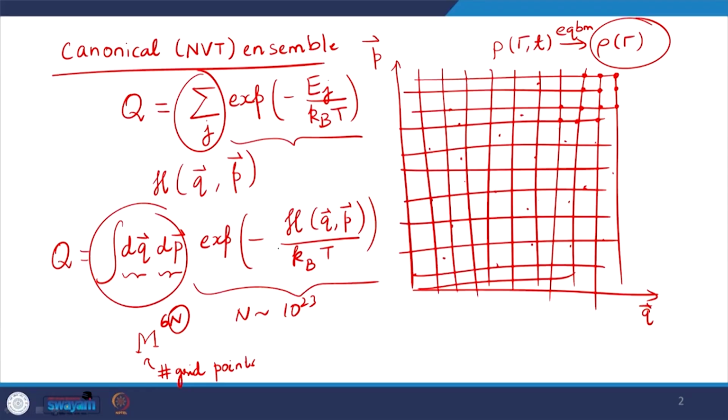But the key point here is this particular integrand that we have. This integrand is probably having very small values at many of these phase points, because we have an exponential function and we have a negative before Hamiltonian. There could be, and in most cases there would be, many points, actually a majority of points on the grid which will have large values of Hamiltonian, giving rise to a small value in the integrand, and therefore they will contribute very less to the integration.